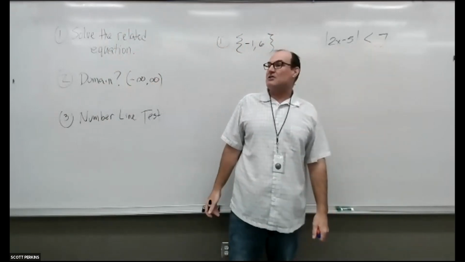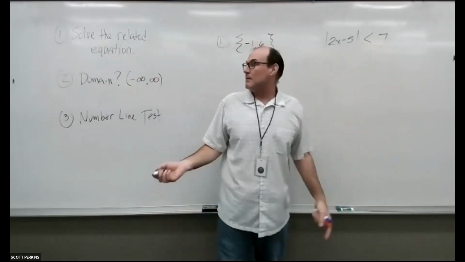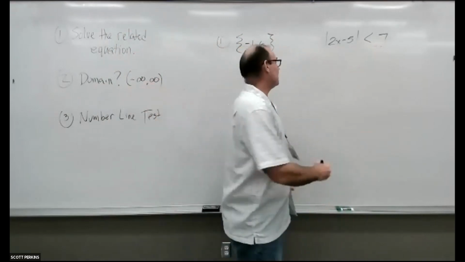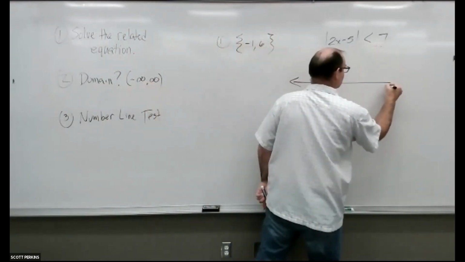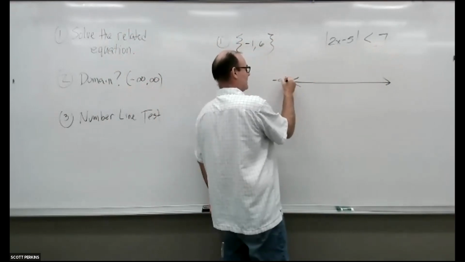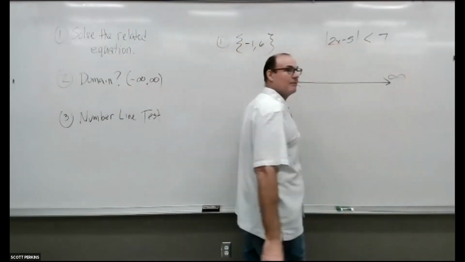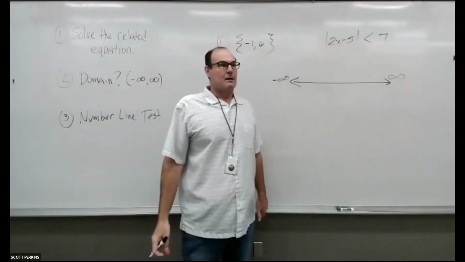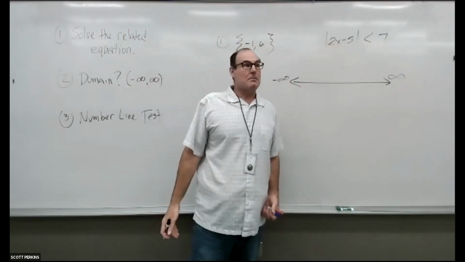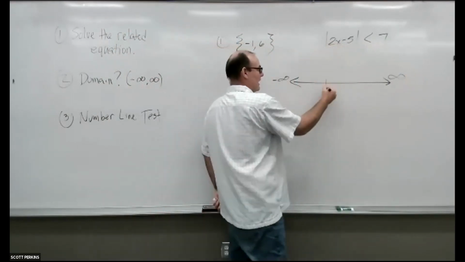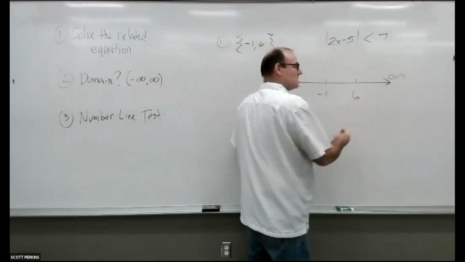The reason I found the domain is that now I'm just going to make a number line. And since it's negative infinity to infinity, I'm going to use the whole number line. This is my domain, negative infinity to positive infinity. And on that number line, I'm going to put those two boundaries. I'm going to put -1 right here, and I'm going to put 6.